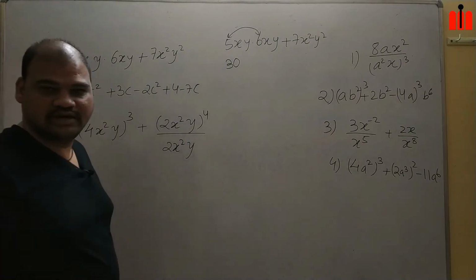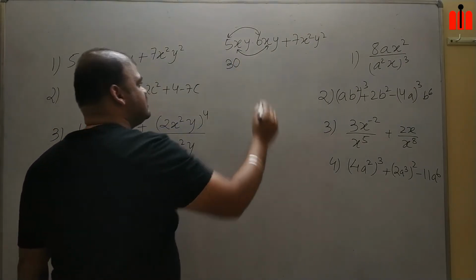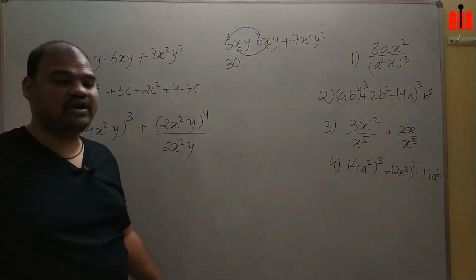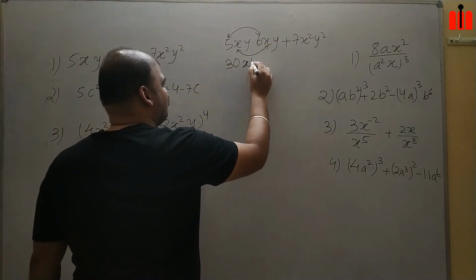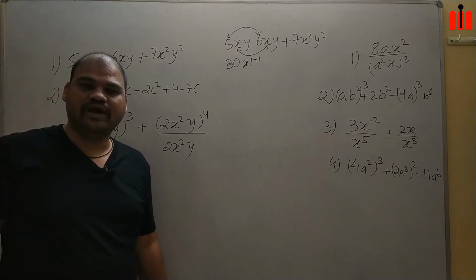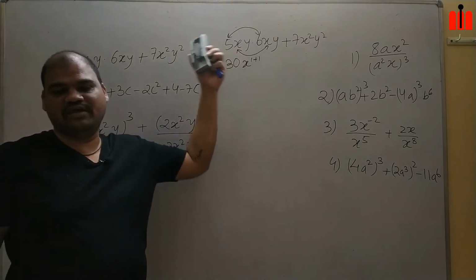5 times 6 is 30. Now here it is x and x. Once these two are multiplied, what is the power of x over here? 1. Here the power of x is 1. So it will become x to the power of 1 plus 1, because it is in the form of a to the power of m into a to the power of n. Both m and n are the same here, 1 and 1.